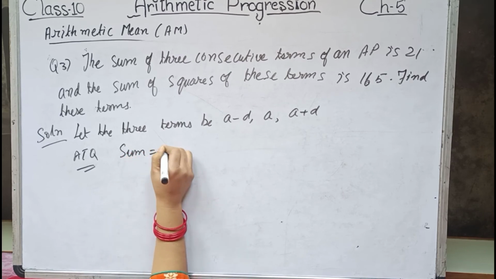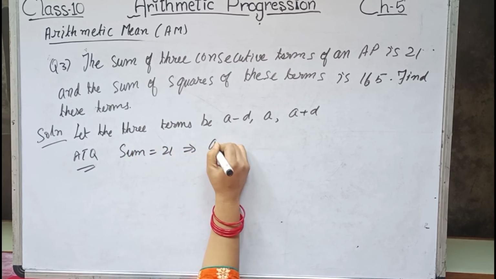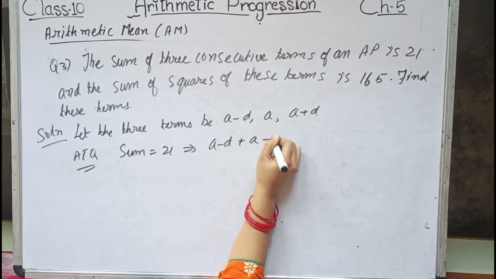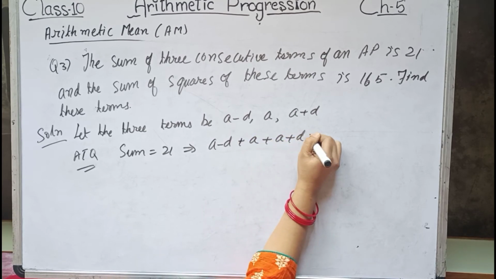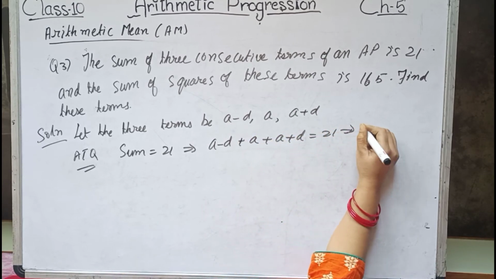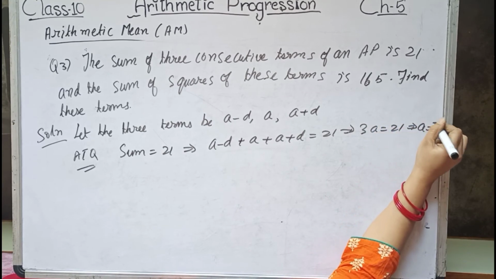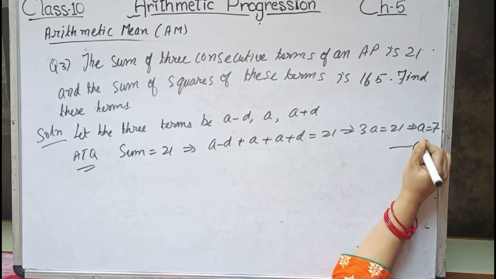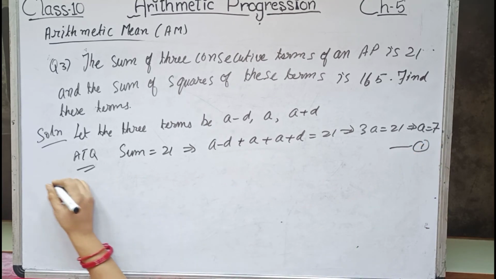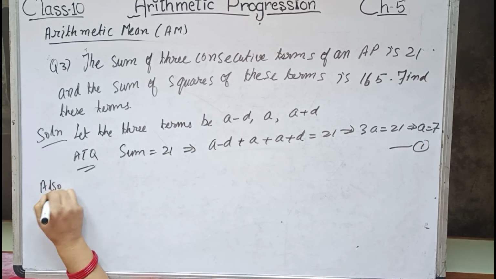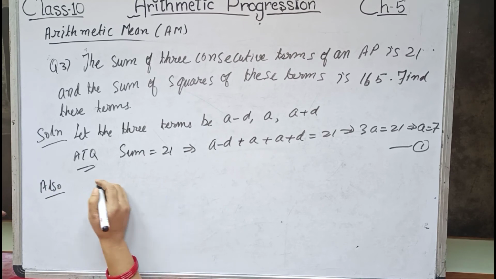So sum equals 21 implies a minus d plus a plus a plus d equals 21, implies thrice a equals 21, implies a equals 7. Make it number 1. Now the next condition is also the sum of squares of these terms is 165.